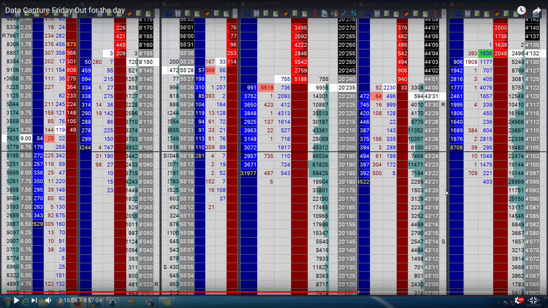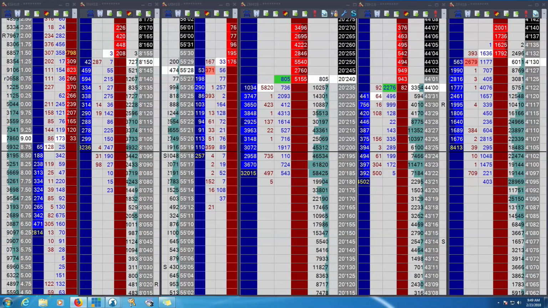Like, it's obvious, almost obvious how low it is. God, they hit the shit out of that. It's almost like an iceberg there.